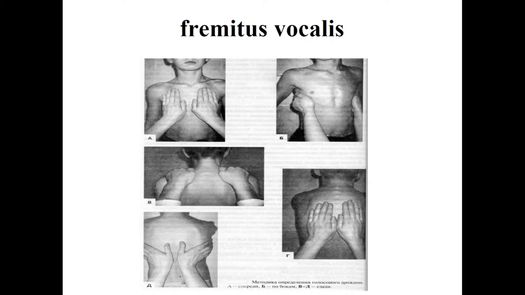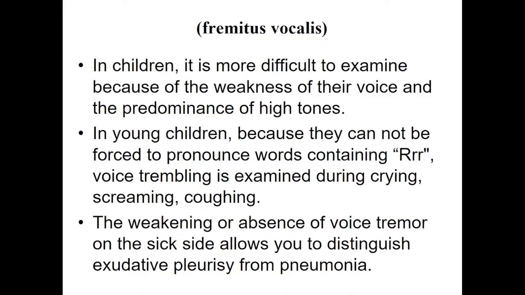To assess vocal fremitus, we place hands on the chest, side and back, and ask the patient to say "33". We determine how clearly the sounds transmit through the body. In children, it is more difficult to perform this examination because of the weakness of their voice and the predominance of high tones.